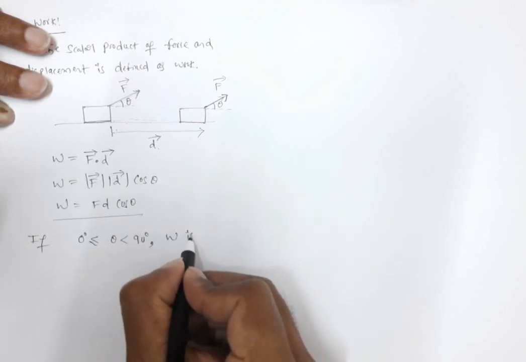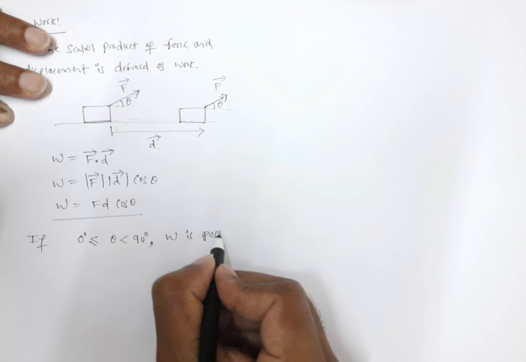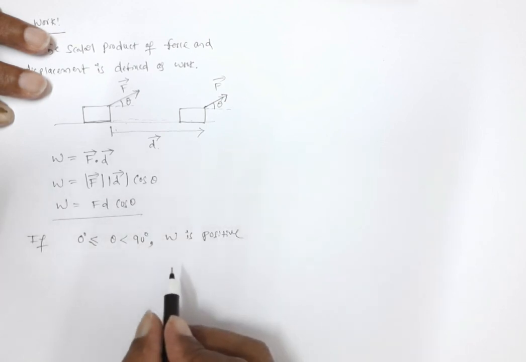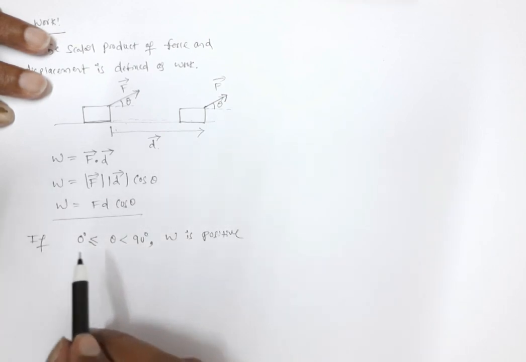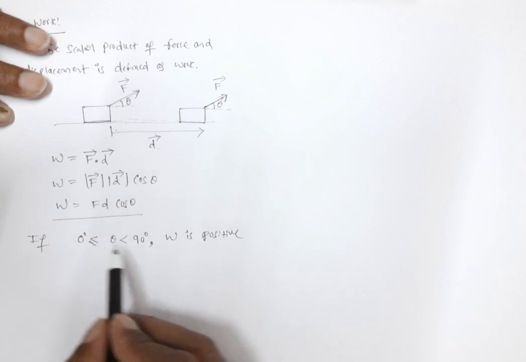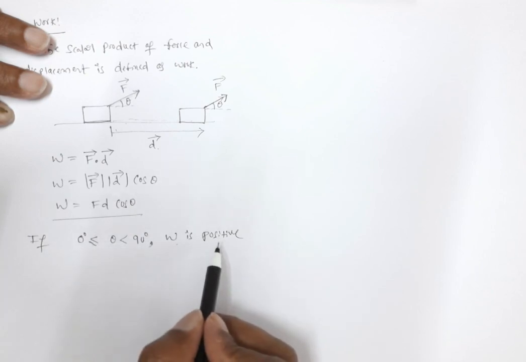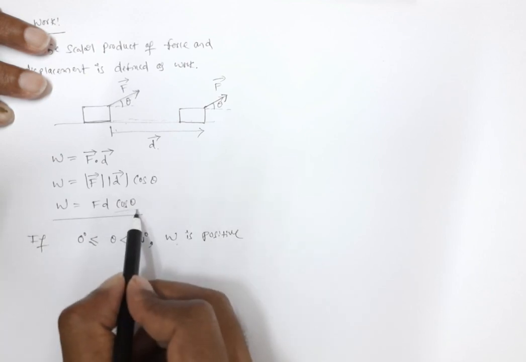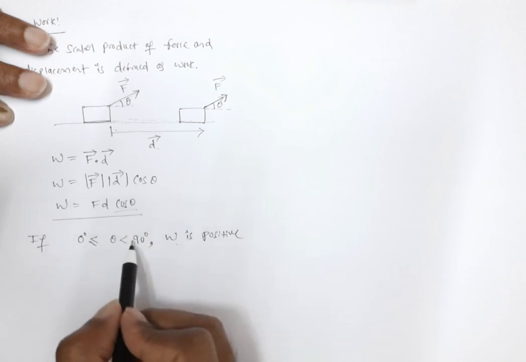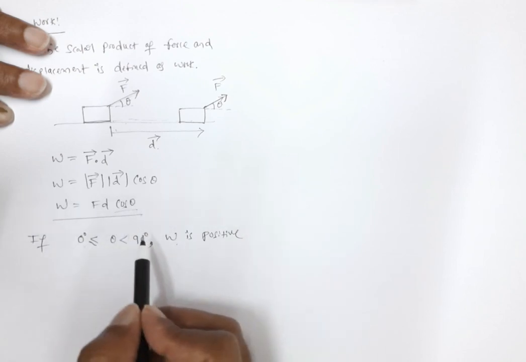Work done is positive. That means the angle between the force and displacement must be 0 or greater than 0 and less than 90 degrees. In that case, work done is positive, because for theta values from 0 to 89 degrees, cos theta has positive values only.